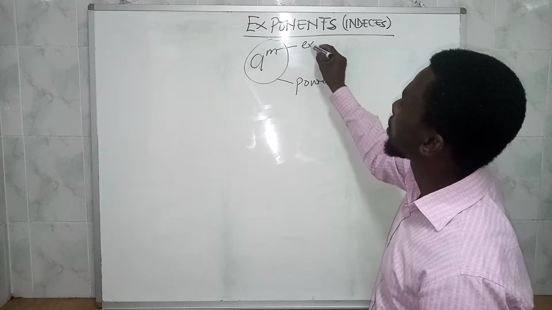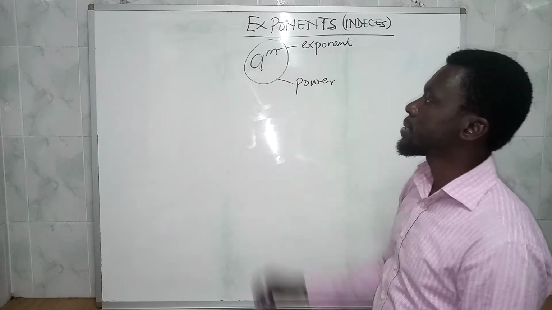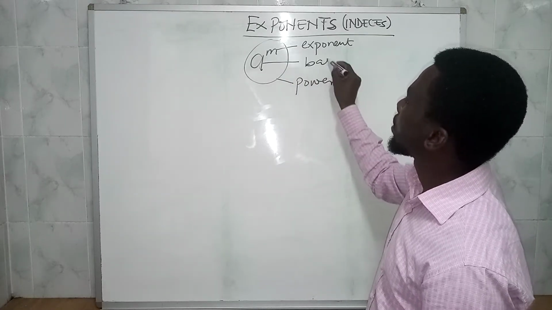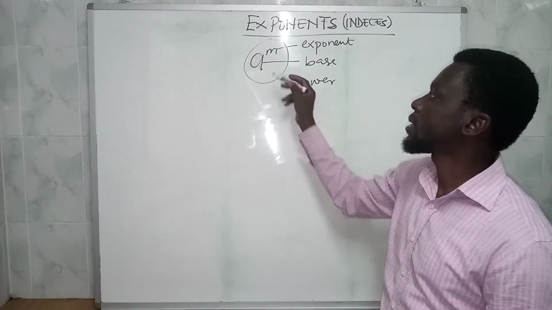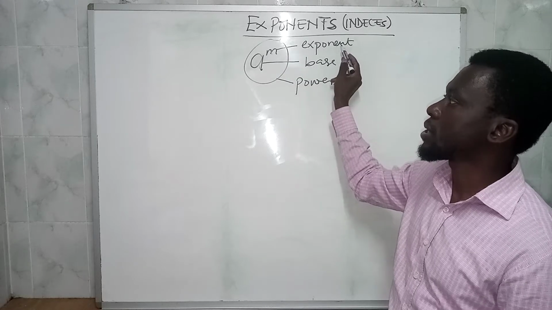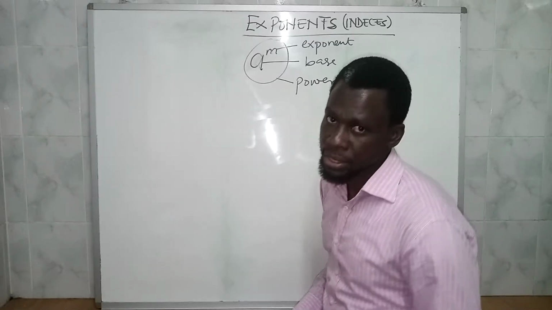This is called the exponent. In that case, the n is the exponent. And then this a that we have here is called the base. So together, this whole thing is a power. This alone is called the exponent. And this is what we call the base.